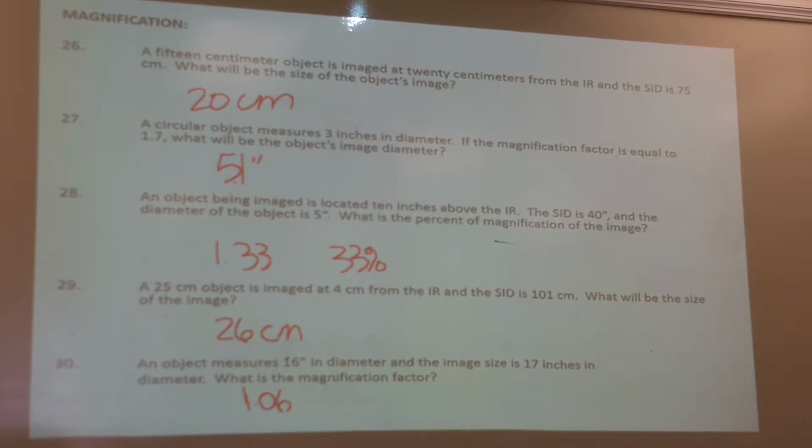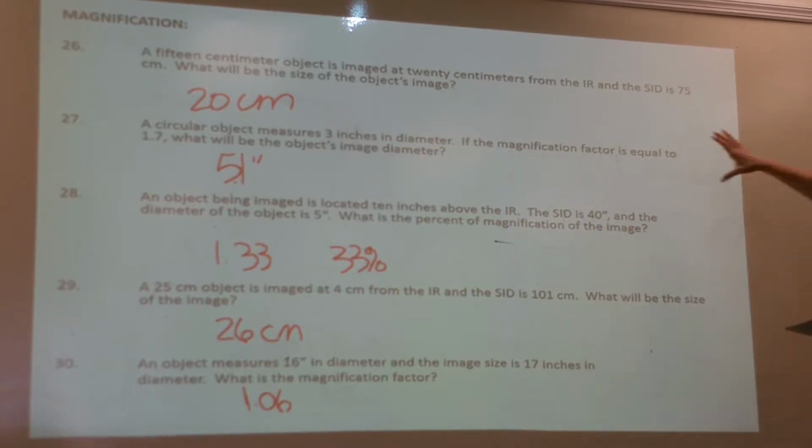If something measured, in this case, 15 centimeters, we're looking for an answer like that. On number 27, again, we're looking at the size. Now on 28, what is the percent of magnification? If you find the magnification factor, which I did was 1.33, then that means it's a 33% magnification.